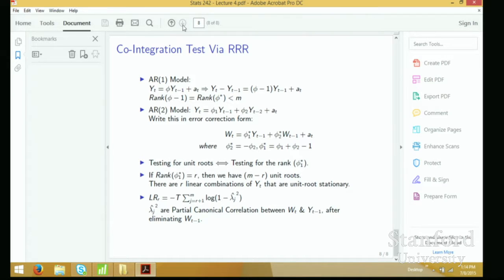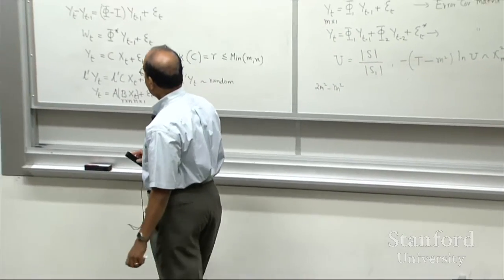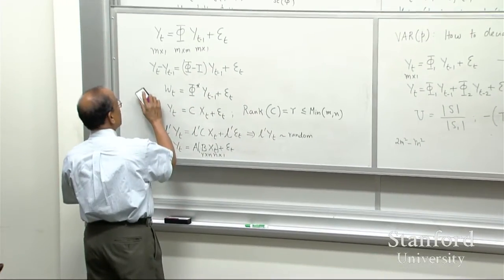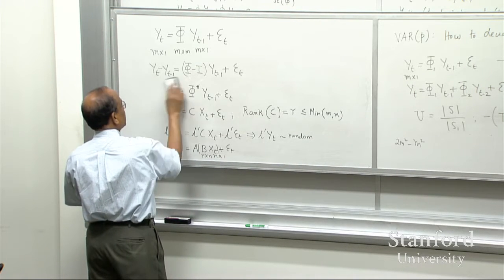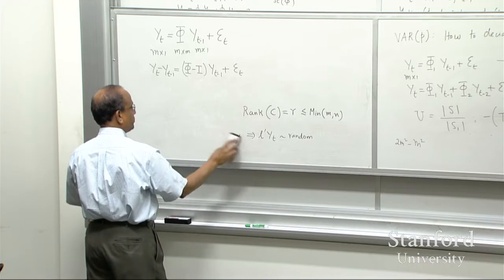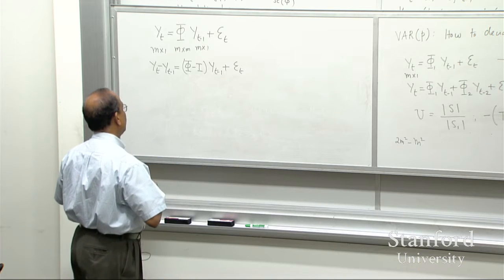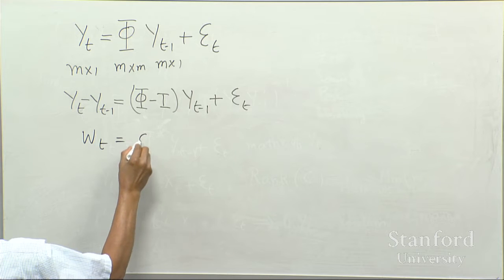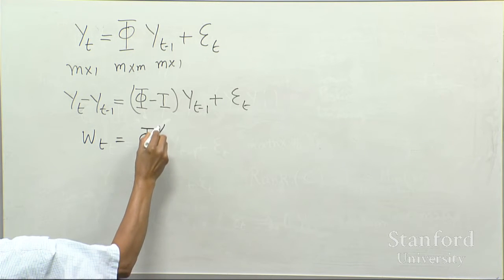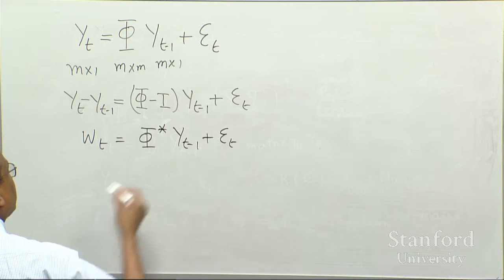In the case of co-integration, we are going to check how many roots are non-stationary. Briefly, we are going to look at Wt, and regress it on this quantity here, pi star yt minus 1 plus epsilon t.